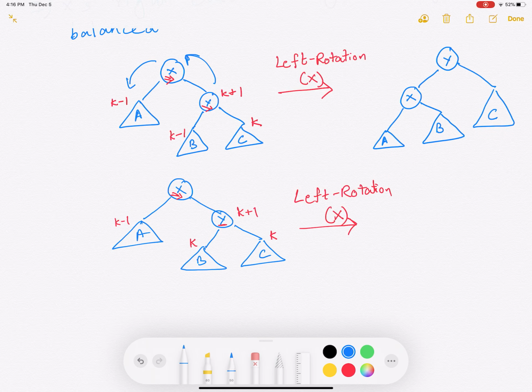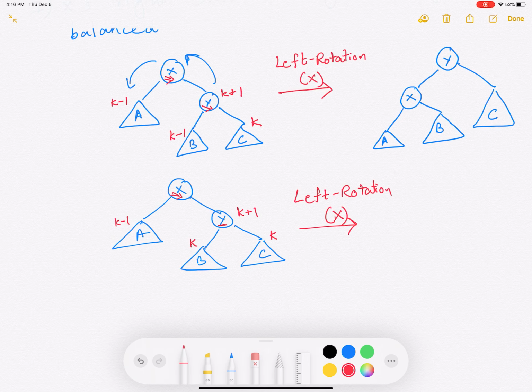If B becomes the right subtree of X, it does not matter, because all nodes in B have keys greater than Y, so they're definitely going to have keys greater than X. So the BST property is not going to get violated. Now let's look at the heights.